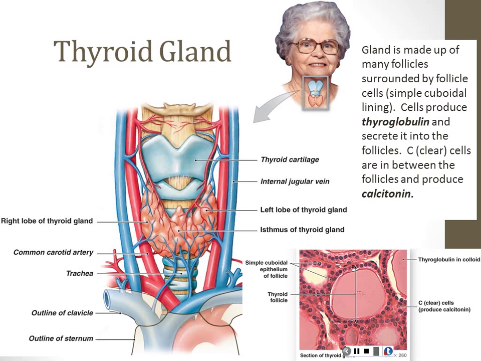Okay, so calcitonin has a brother, parathyroid hormone, which we're going to talk about in a minute, that raises calcium levels. So C cells make calcitonin, they're these guys, but most of the thyroid gland is made up of these cells, and they produce thyroglobulin. So what's in these big glassy-looking regions?